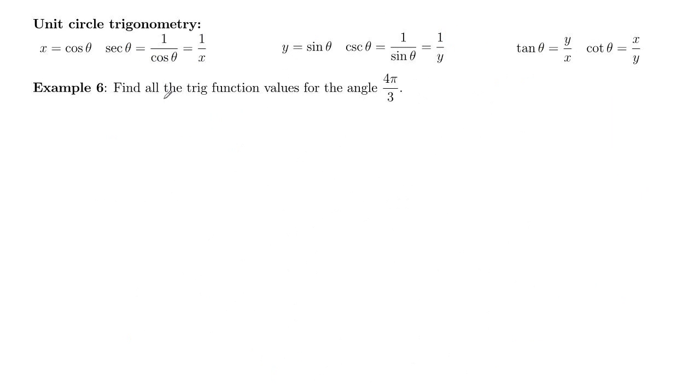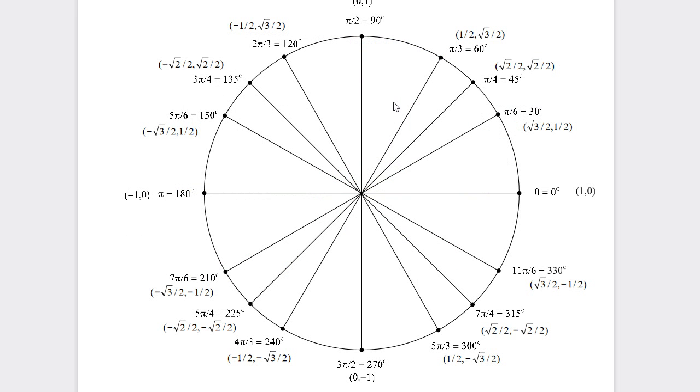So what we want to do is find all the trig function values for the angle 4 pi over 3. Since this is thirds, that's going to be related to the angle pi over 3. And so let me grab part of my unit circle and bring it over here.